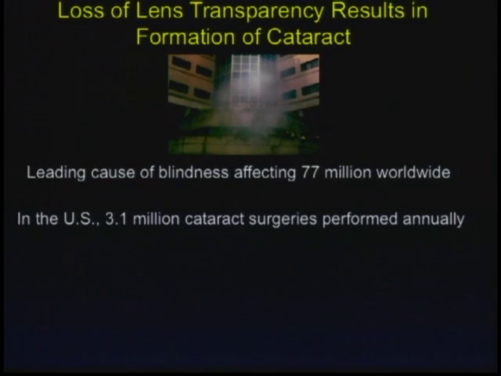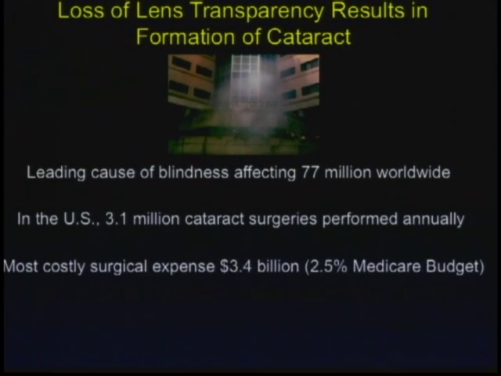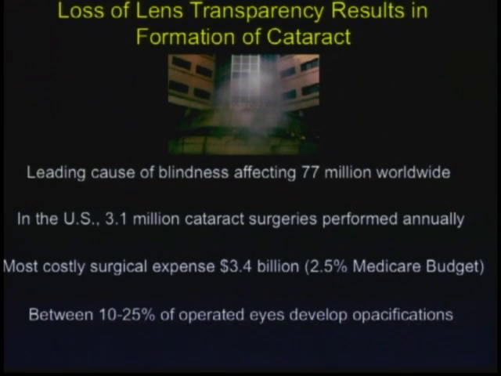In the US alone, 3.1 million cataract surgeries are performed annually, which roughly translates into the most expensive surgical expense, amounting to $3.4 billion, roughly over 2.5% of the Medicare budget.